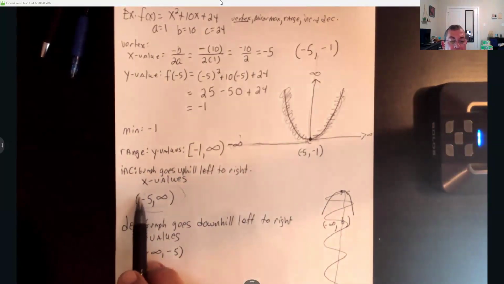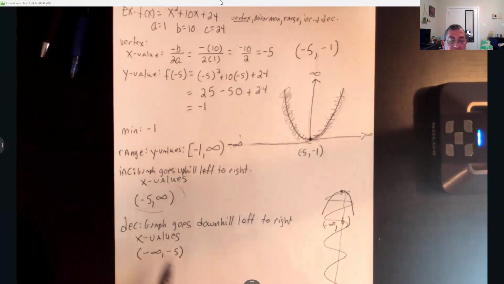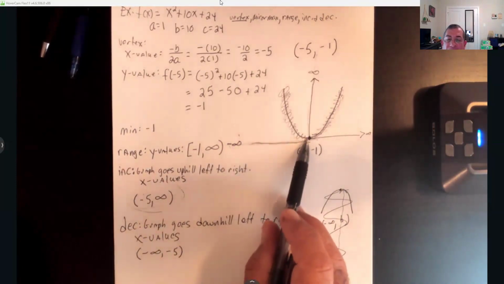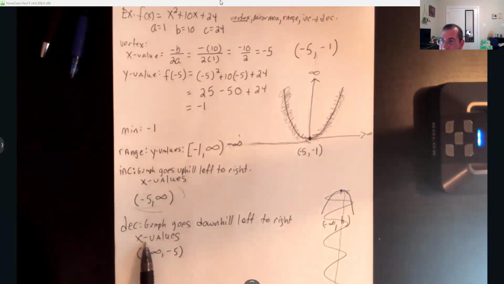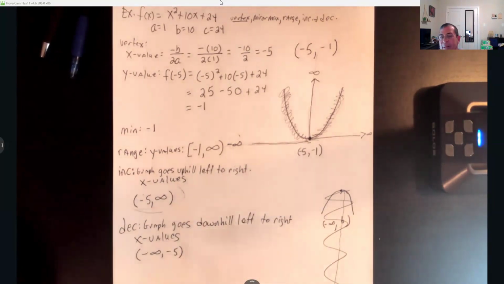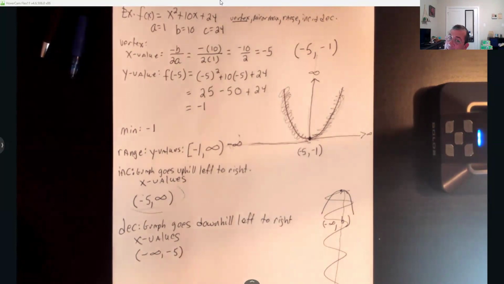The reason the intervals are using these parentheses is because this -5 can't be increasing and decreasing at the same time. So since it's the point where they change over, it doesn't include that point technically, so it's got the curvy parentheses, okay?